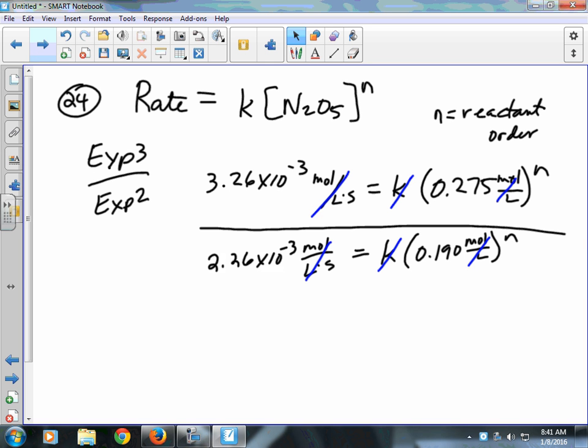Okay, right here, this ratio is what? This right here is 1.44 times 10 to the minus third.